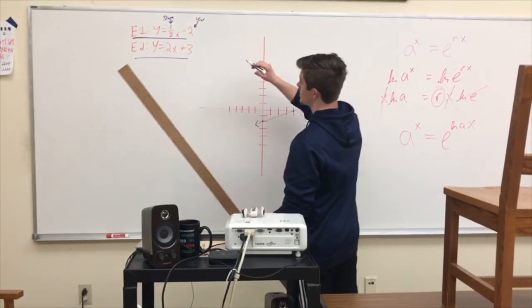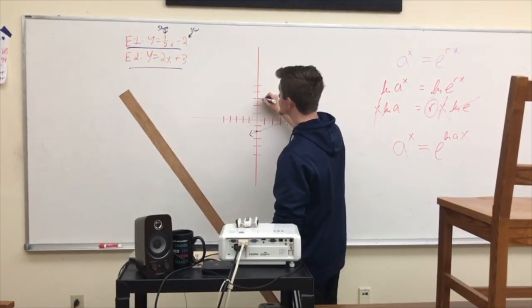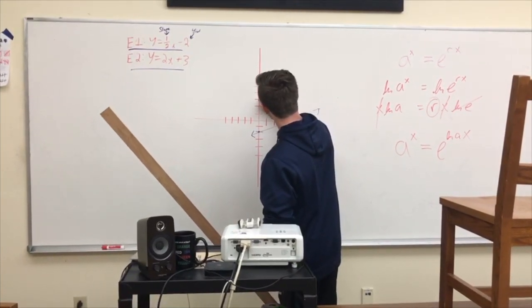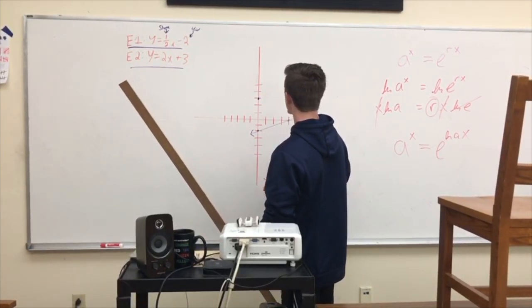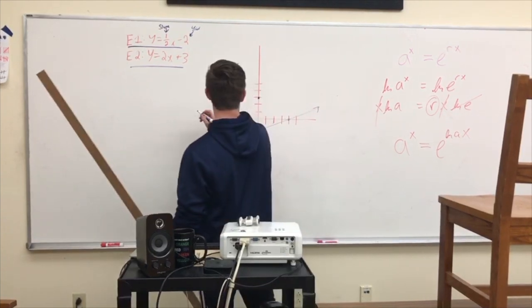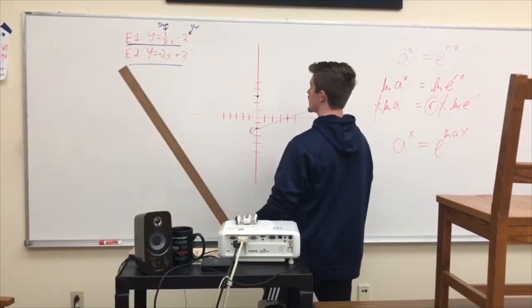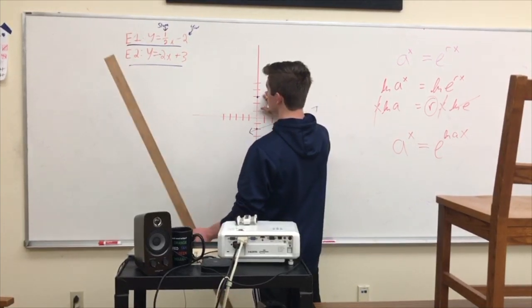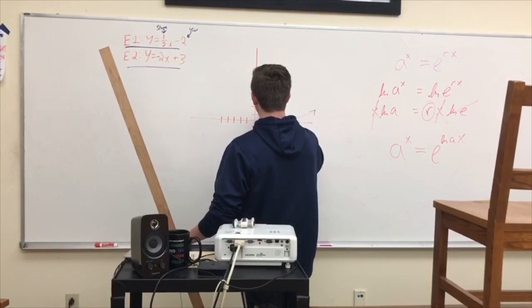Now we're going to start by graphing the y-intercept of equation 2, which is positive 3. So the slope of this is actually supposed to be negative. So it's going to trend this way. So we're going to go down 2 over 1.